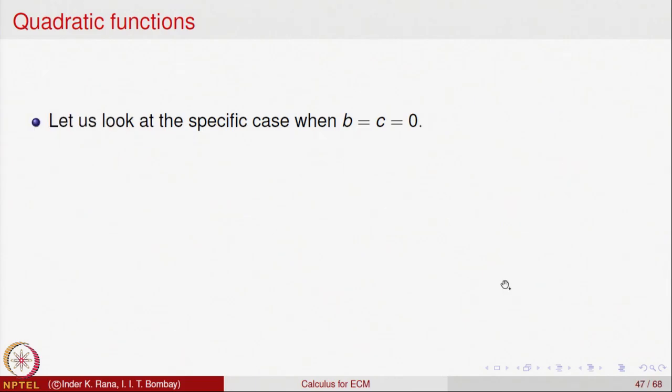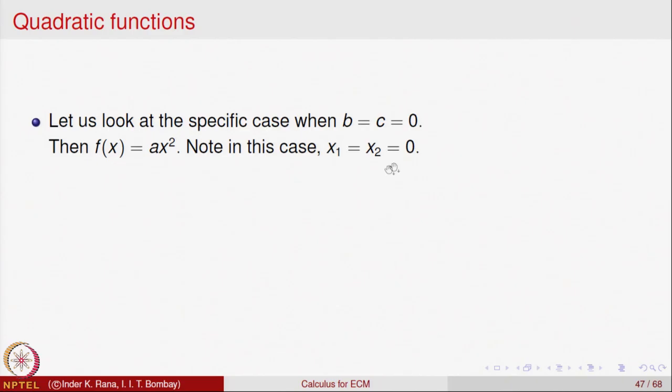Next, let us look at a slightly simpler situation when in the quadratic the coefficients b and c both are equal to 0. In that case the quadratic becomes f x is equal to a x square. A simple observation: for the quadratic f x is equal to a x square, what are the roots?